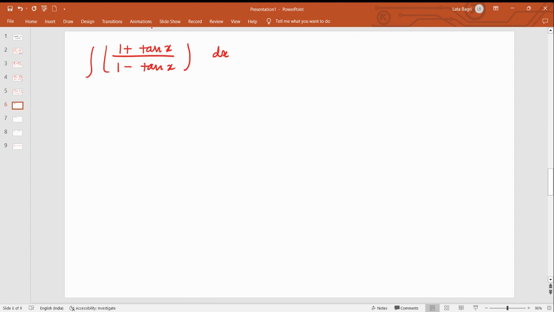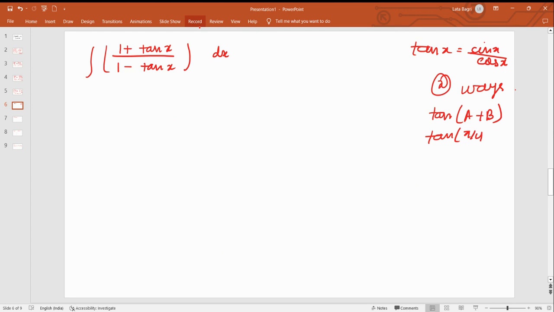Next question, this one. So you need to know a bit of trigonometry to solve this. tan x is equal to sin x by cos x, right? There are two ways of solving it, two ways. One way is to use this thing, tan a plus b. Basically, tan pi by 4 plus x you can use, because then you're going to get tan pi by 4 plus tan x divided by 1 minus tan pi by 4 into tan x.